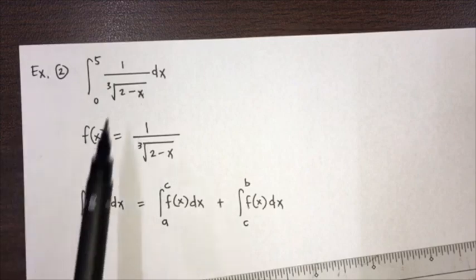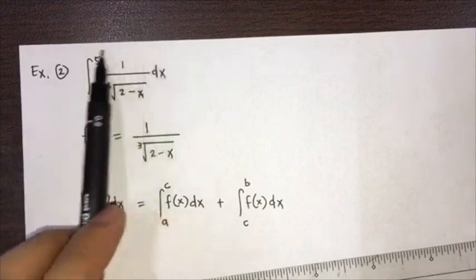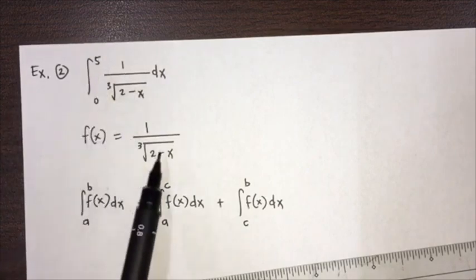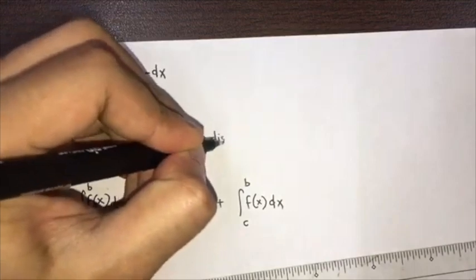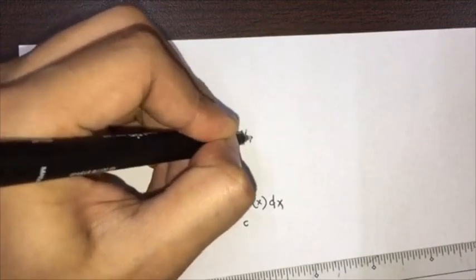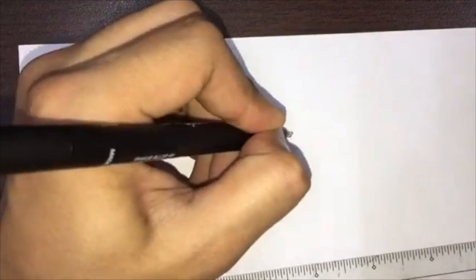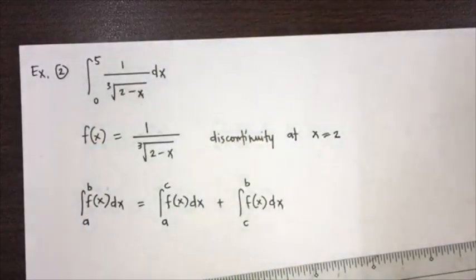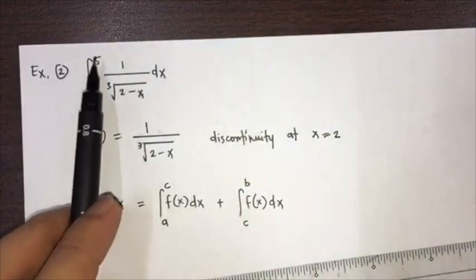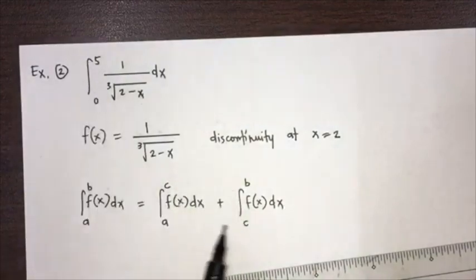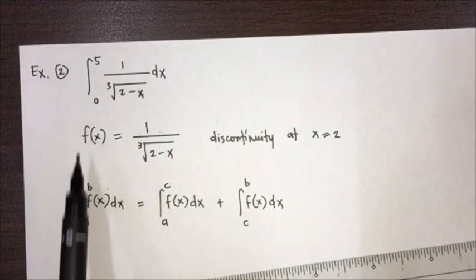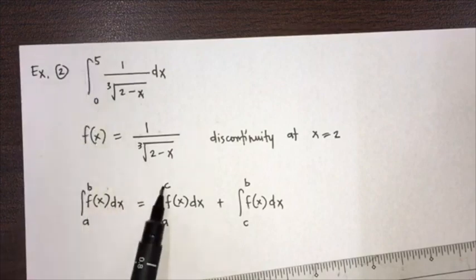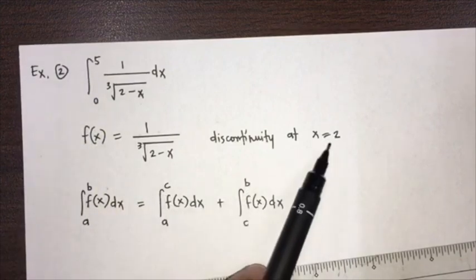In this interval from 0 to 5, we see that we have a discontinuity at x equal to 2. So we transform this into this form, for which our a is 0, our b is 5, and our c will be the discontinuity.